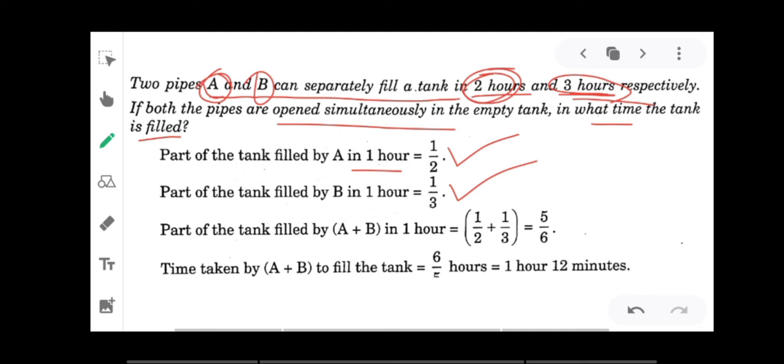A can fill 1 by 2 of the tank in 1 hour, and B can fill 1 upon 3 in 1 hour. According to the question, if both the pipes are opened simultaneously, the part of the tank filled by A and B in 1 hour equals how much? 1 by 2 plus 1 by 3 equals 5 upon 6. Clear?